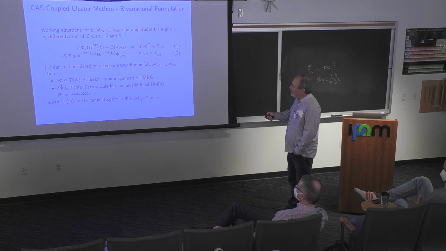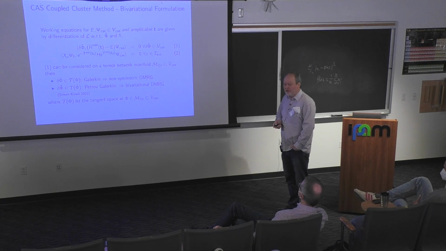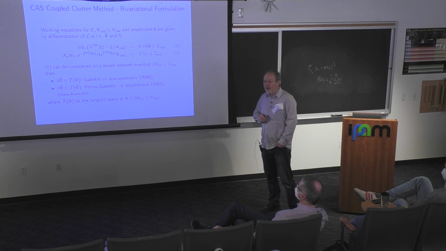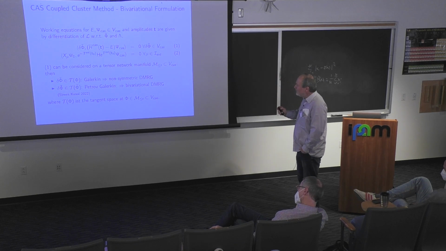The other way is, usually it is more natural that the variation is on the tangent space of the dual function psi tilde. Both approaches are possible, and it is not clear what is better.